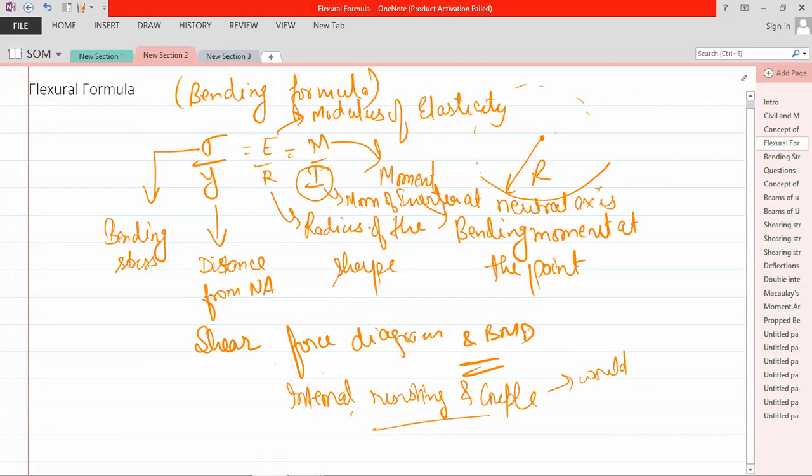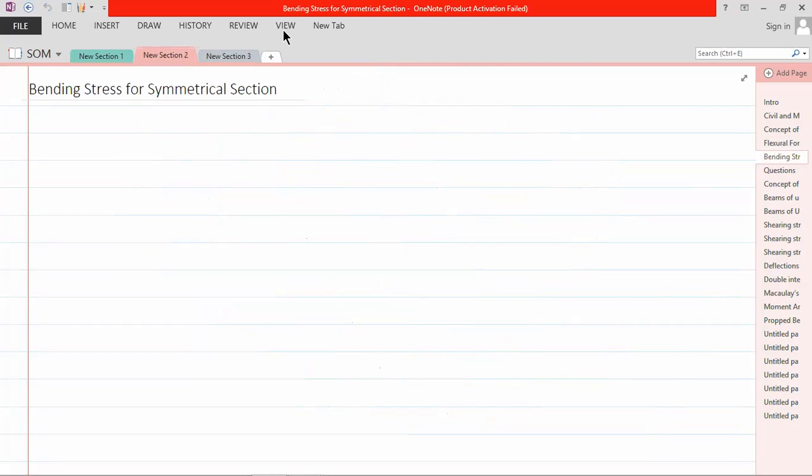Hence, bending moment leads to bending stress and shear force leads to shear stress. That's why I am drawing it right now, so that I can make you understand in a more precise way. First, bending stress for symmetrical sections.